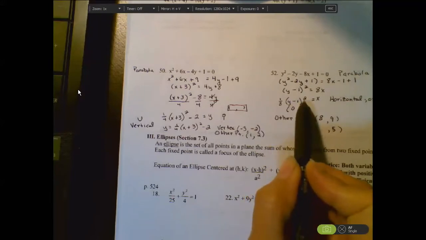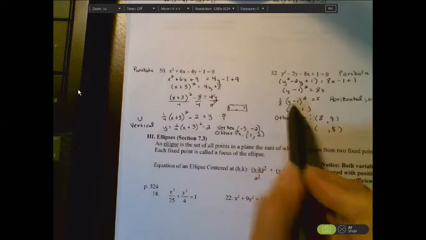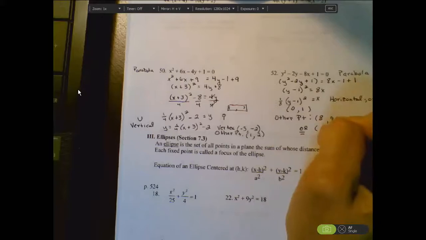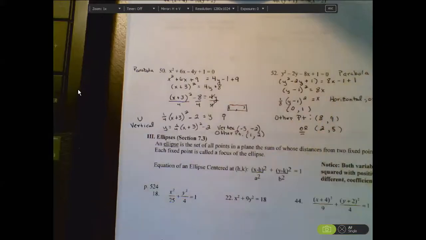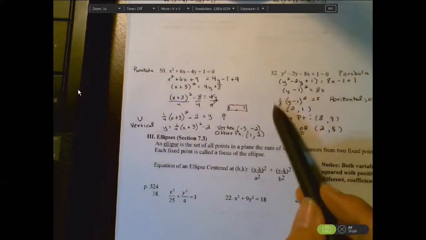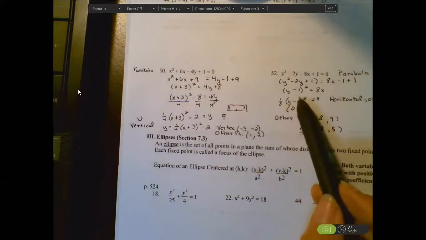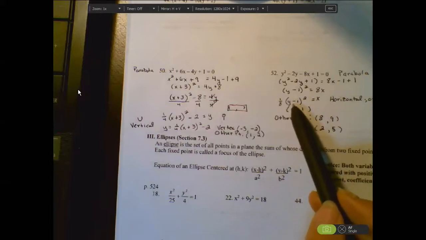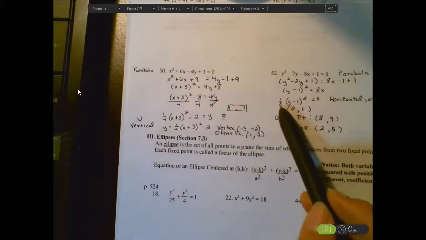And 4 squared is 16, and 1/8 of 16 is 2. So that would work also. So it can take just a little bit of squinting, but if you have a fractional coefficient, you're just trying to make the number inside the parentheses be a multiple of that denominator.